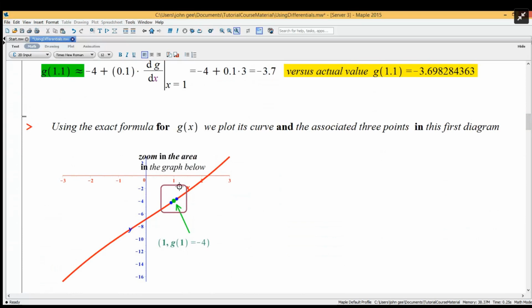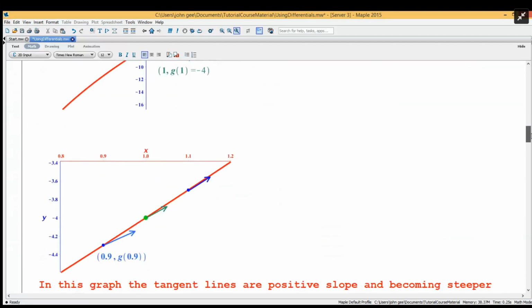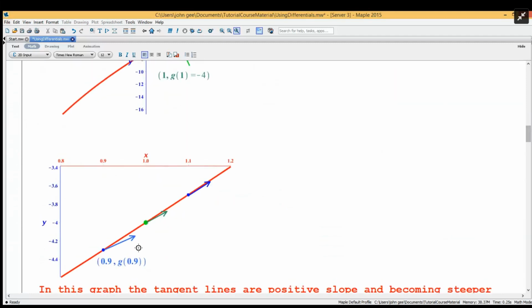If we zoom in on this region, where this green dot represents x equals 1 and g of 1 is minus 4, we have the following picture. Here's the point at 1, and the tangent line in this direction. And here's the point at 0.9.